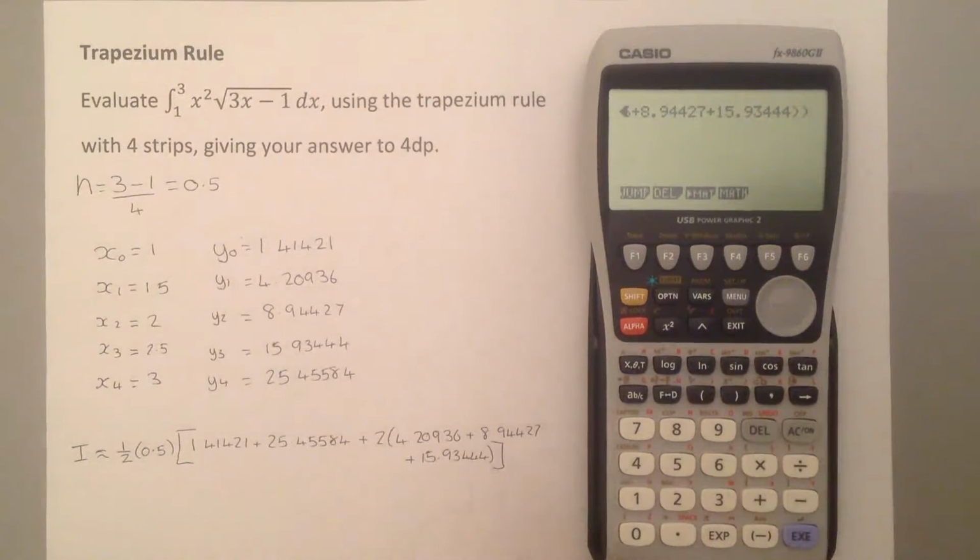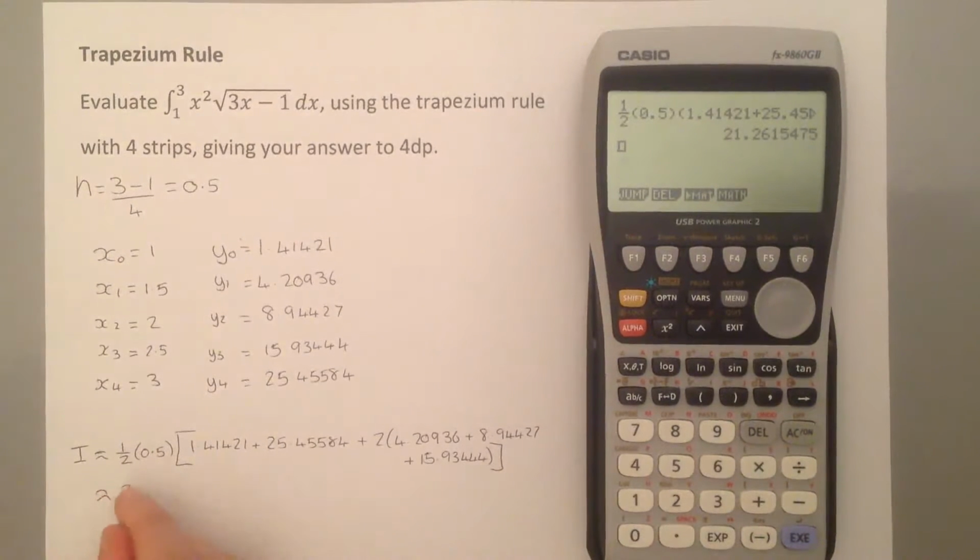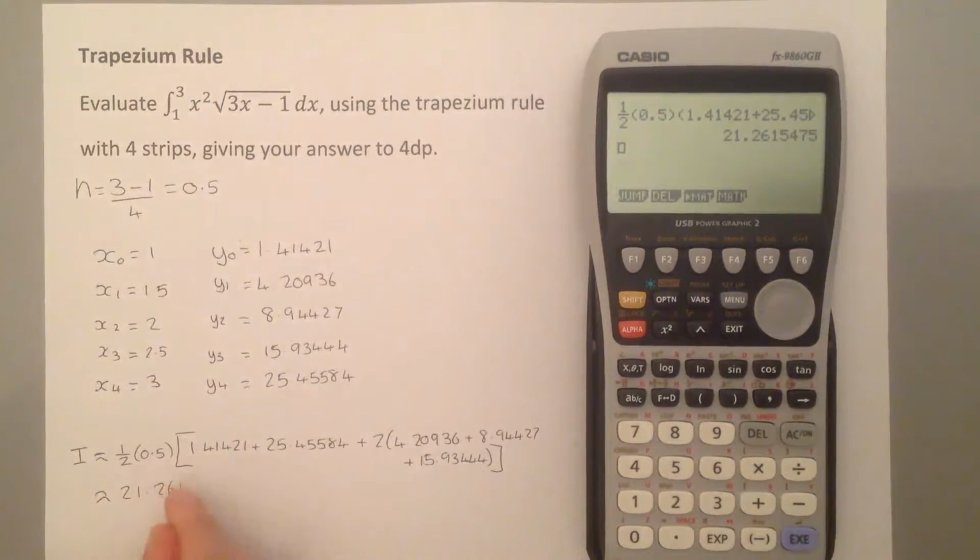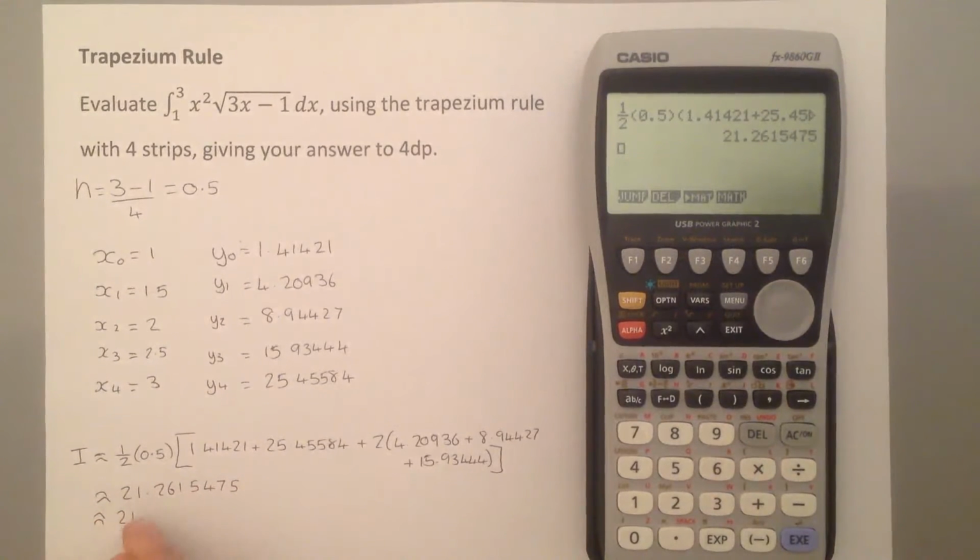Remember, I've got 2 brackets at the end, so I must close them both. And my answer is then 21.261547, and I'm rounding it to 4 decimal places, so I've got 2615.